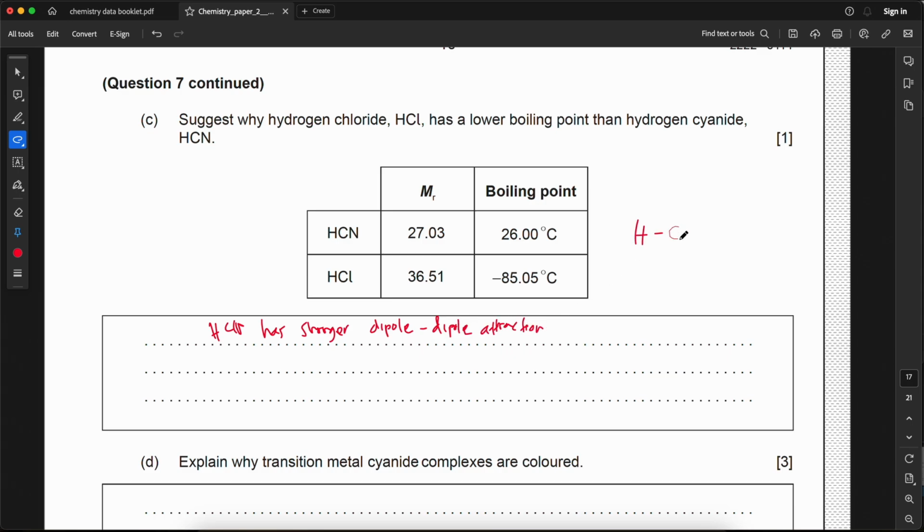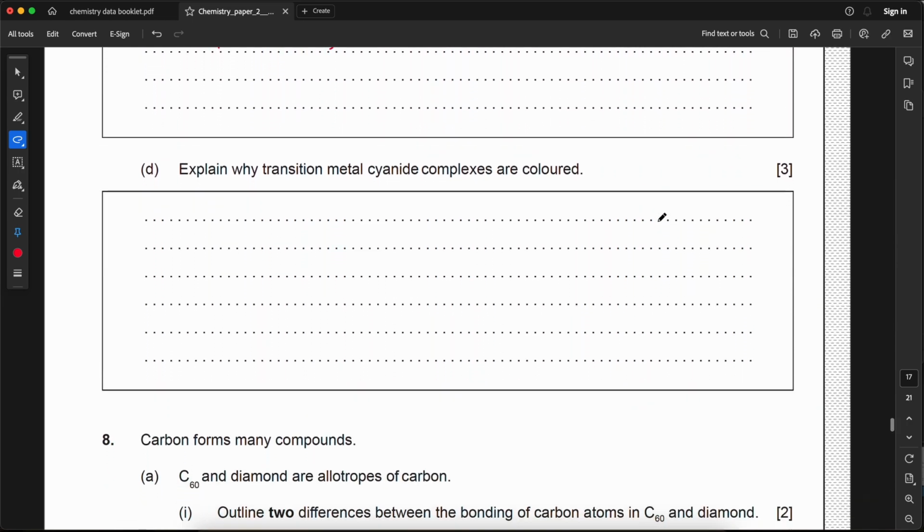As you can see, HCN and this one HCl. HCN has a triple bond, but HCl has only a single bond. And when you have a triple bond, the attraction is a lot stronger compared to a single bond. That's why HCN has stronger dipole-dipole attraction.